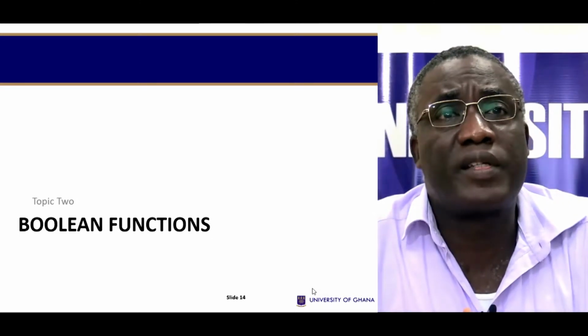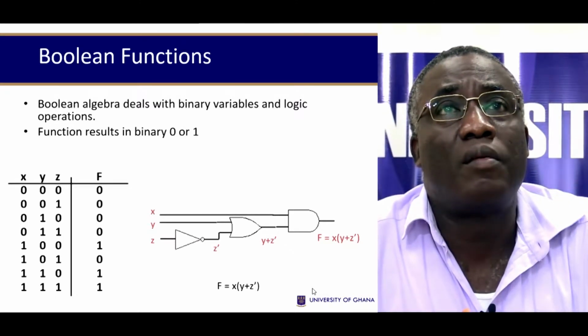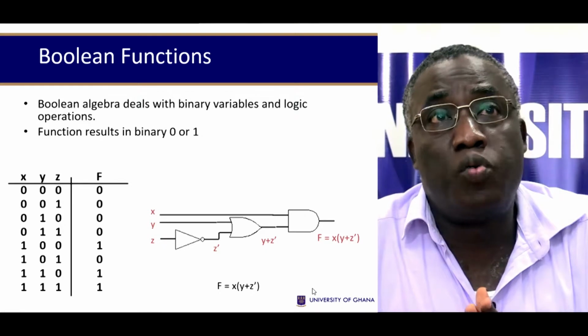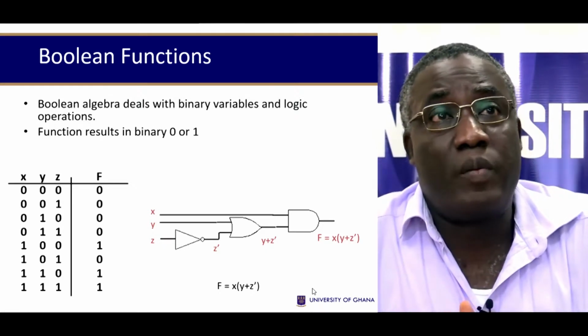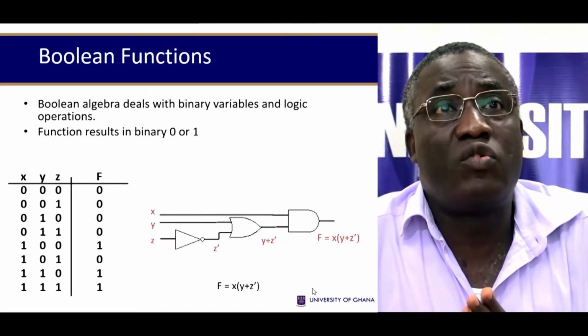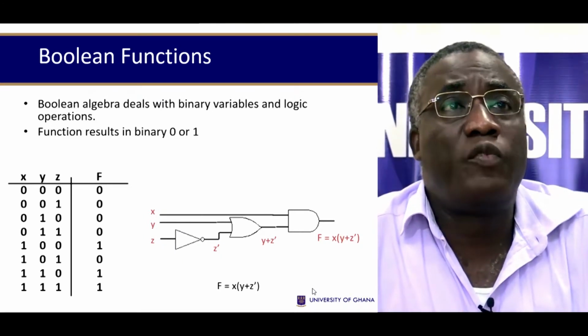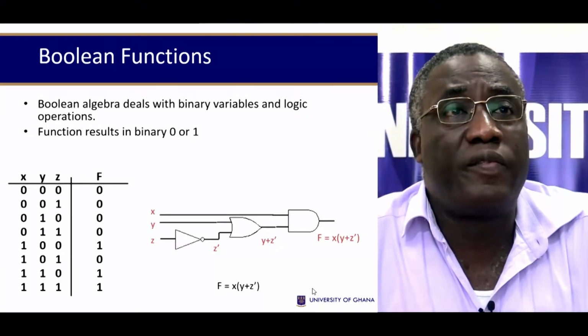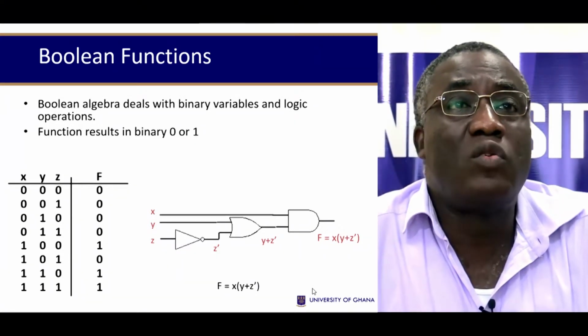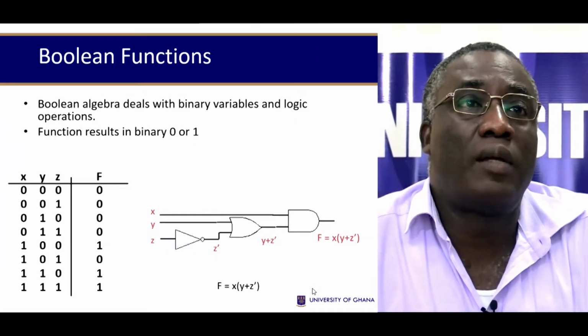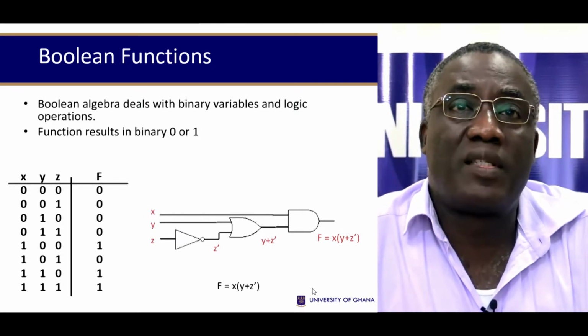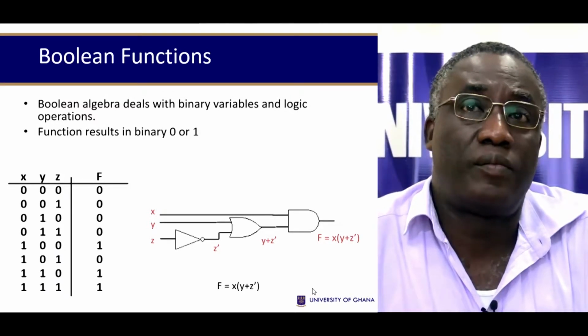Now let's look at Boolean functions. Boolean algebra deals with binary variables and logic. Functions result in binary zeros or ones. So if you have a 3-input Boolean function that gives you a certain output, we can then write or draw a circuit that represents this.